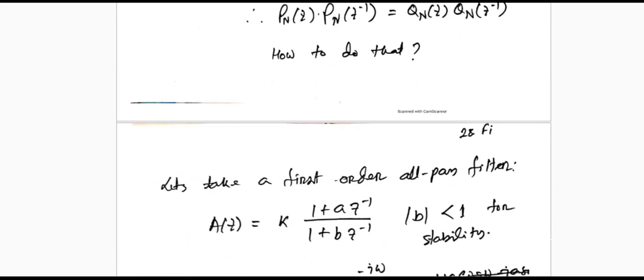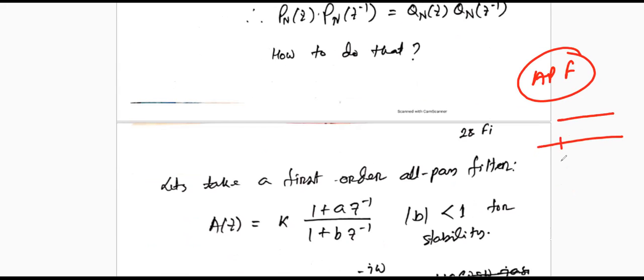Our task is to design an all-pass filter which has magnitude 1 for all values from minus pi to plus pi. That is true. And also we need to have control over the phase value. So that is the message.